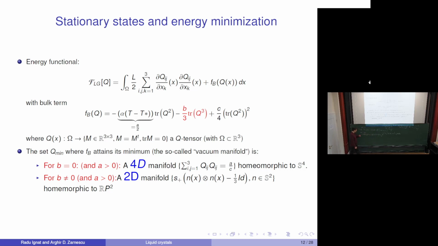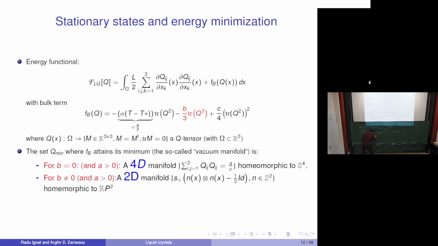And it turns out that all these quantities are spectral quantities, in the sense that they depend just on the spectrum of the matrix Q. So if Q is a matrix that in diagonal form has eigenvalues lambda 1, lambda 2, lambda 3, then trace of Q squared is the sum from i equal 1 up to 3 of lambda i squared.